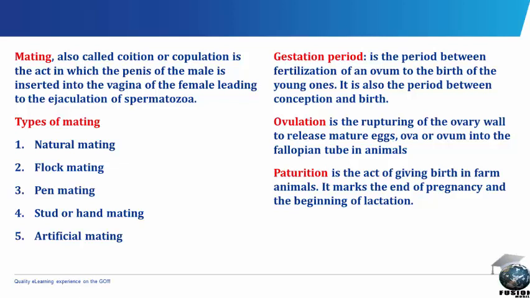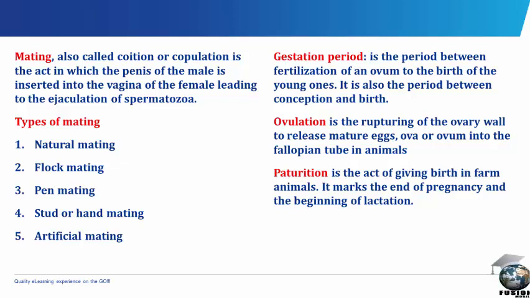It is under the natural mating that we can get the flock mating, the pen mating, and the stud or hand mating. Note, we just have two major types of mating, the natural mating and the artificial mating. But under the natural mating, we have the flock mating, pen mating, stud or hand mating.